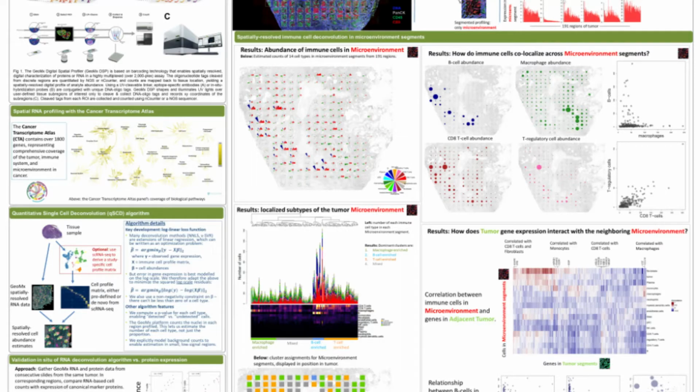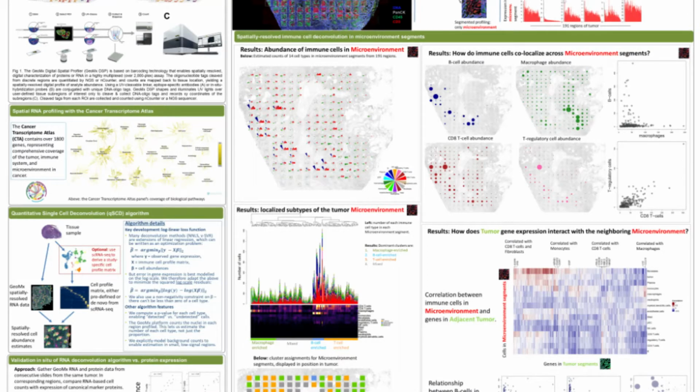So this is the expected expression profile of a T cell, of a B cell, of a fibroblast. Then with those two inputs, the GeoMx data and this cell profile matrix, you put them into the algorithm and get out a spatially localized estimate of all the abundances of all these cell types in your study. So this is T cell abundance, B cell abundance, fibroblast abundance within each region of the tissue.